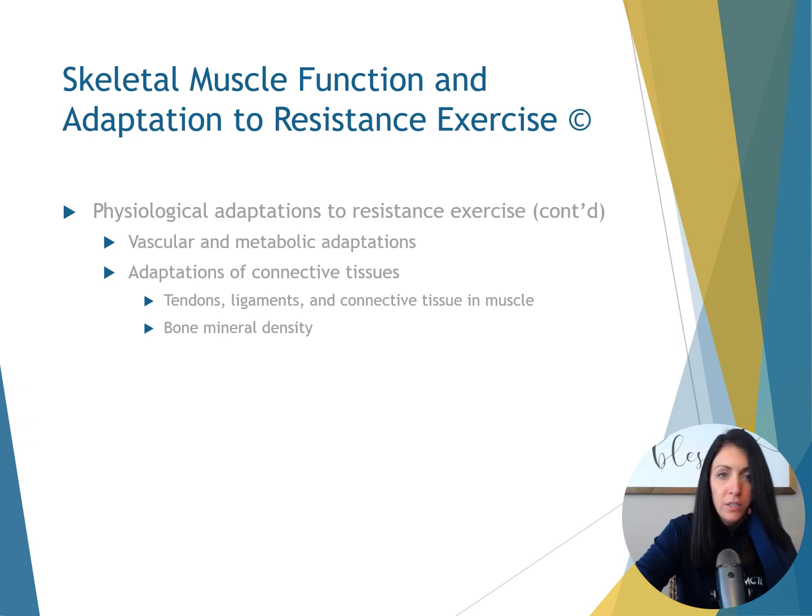There are also changes in metabolism, so they can have a decrease in mitochondrial density, and this will also occur with high intensity resistance training. This change is associated with reduced oxidative capacity of muscles.